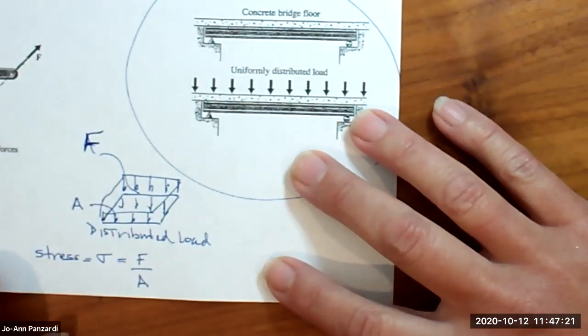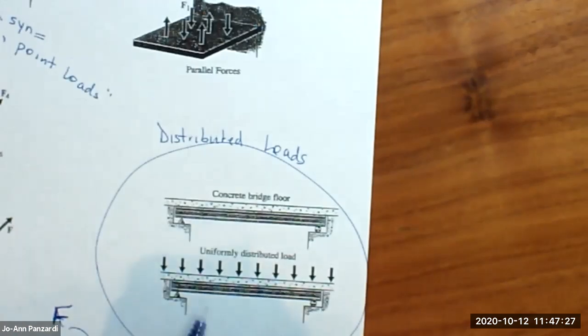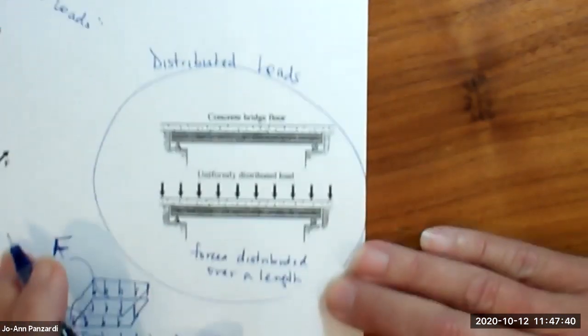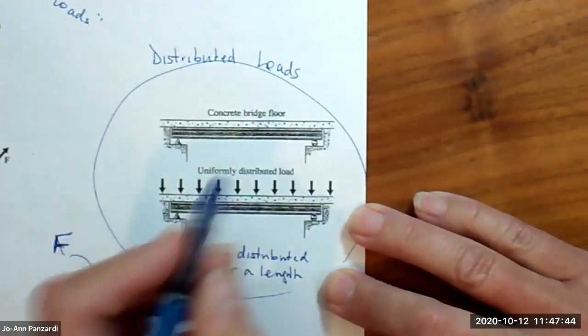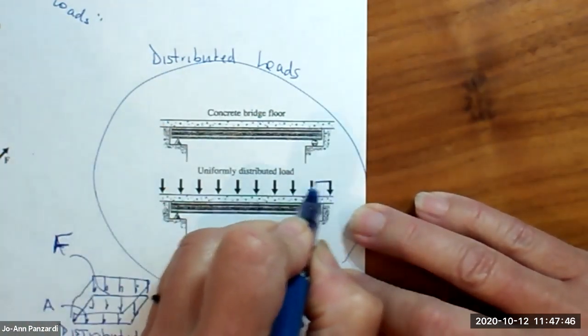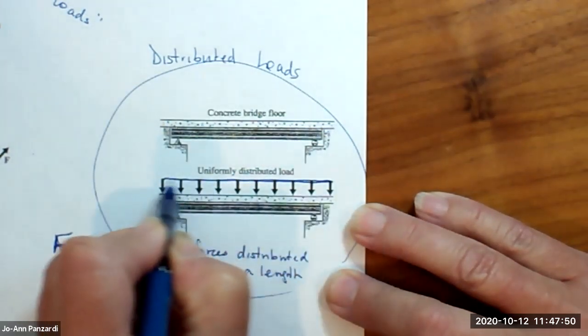In statics, we're not dealing with forces distributed over an area. Instead, what we're looking at is forces distributed over a length. And although this is the picture I'm giving you, you're going to notice that all the problems we look at always show it drawn like this.